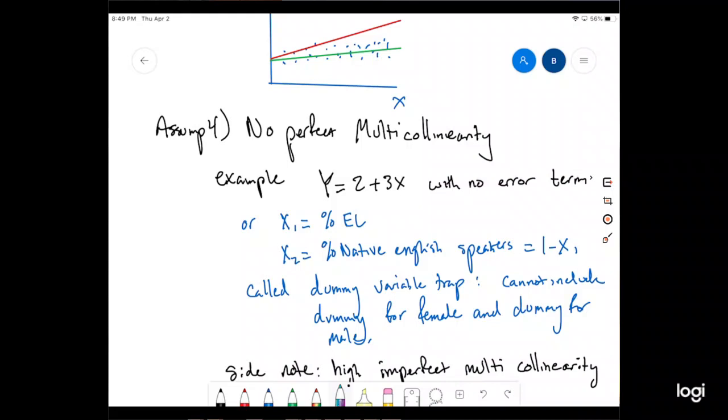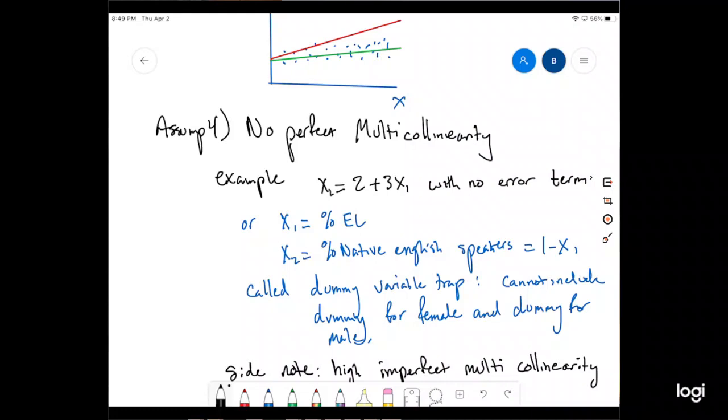So I should have used, instead of a y here, I should have said x, we could say x2 is a function of x1, x2 equals 2 plus 3x1 with no error term. So it's an exact function.